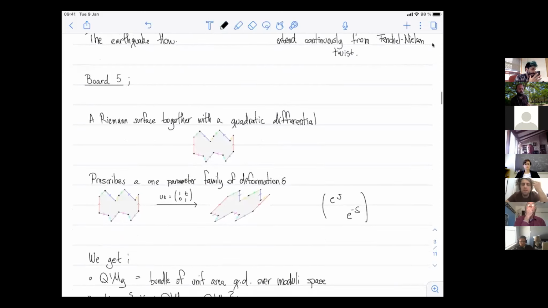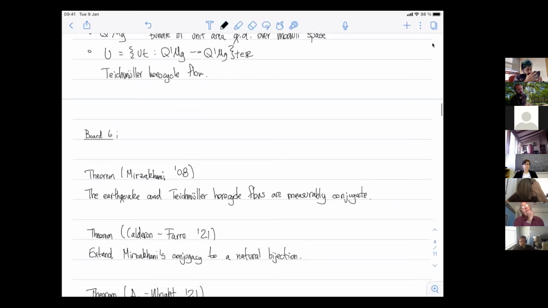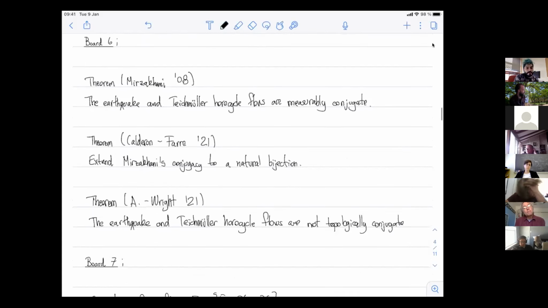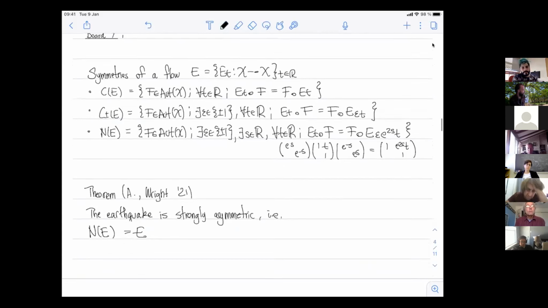So that's the fundamental property that tells you that these flows are different. The Teichmüller horocycle flow, or the transformations that we do in conformal geometry, tend to have the property that they're easy to reverse. They have symmetries, you can speed them up, but it turns out that when we work in the hyperbolic world, all that symmetry gets lost and you have nothing to grab onto.